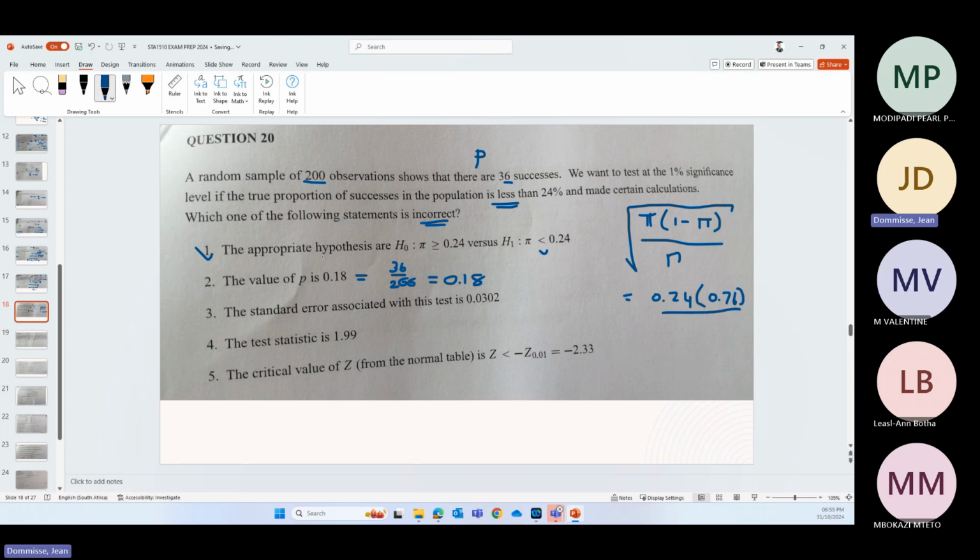That divided by 200, and that's the square root. So 0.24 times 0.76. Yeah, I already made a mistake. 0.24 times 0.76 divided by 200. The square root of that, 0.0302. Correct, correct. Still looking for the incorrect one.